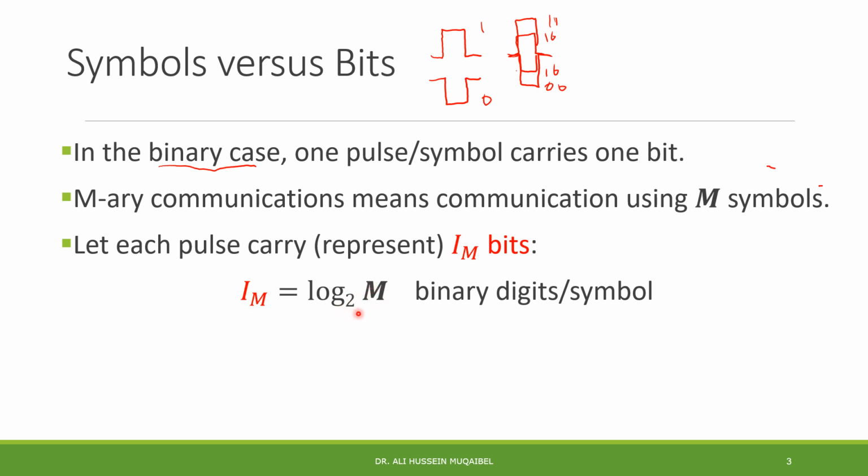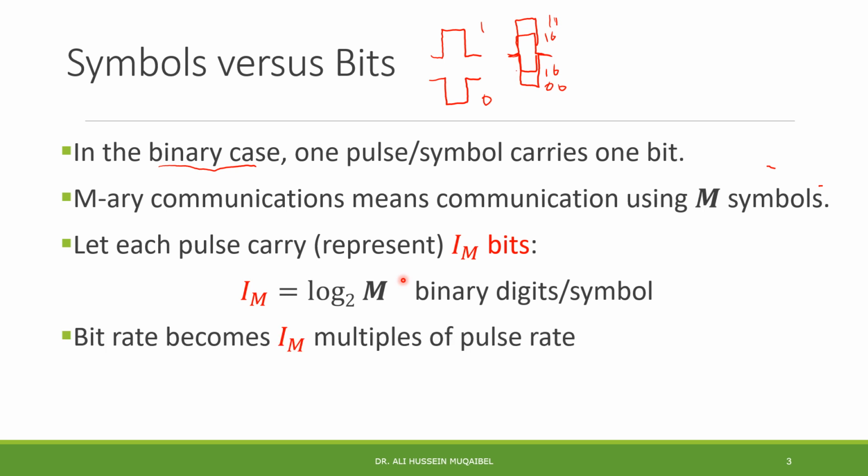If you take log to base 2 of the number of symbols, like here we have 4 possibilities, M equals 4, you get log of 4 to base 2 equals 2. So capital M is the number of symbols, and small m is the number of binary digits per symbol. This is the relation between the two. The higher the value of M, the higher the value of m, and in that case we get more data to be transmitted in every symbol.